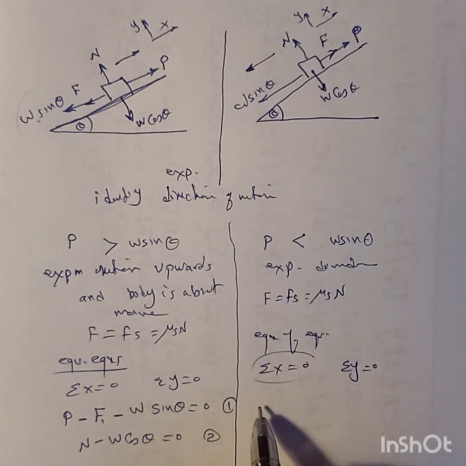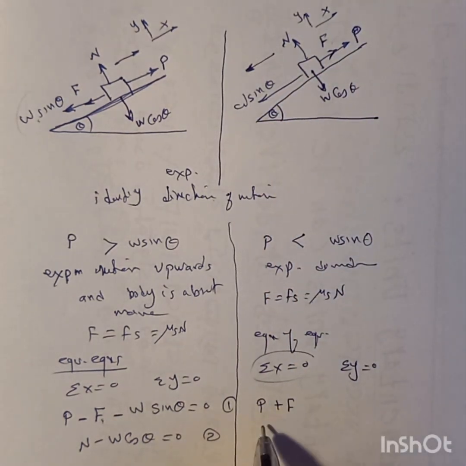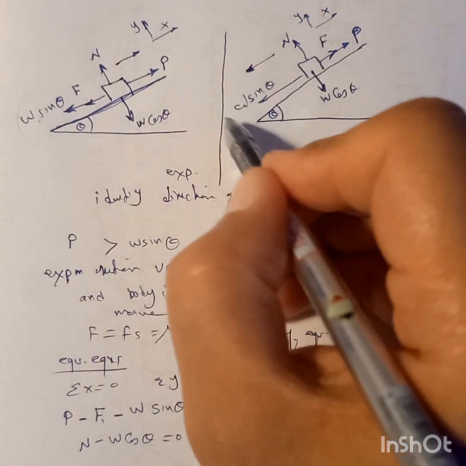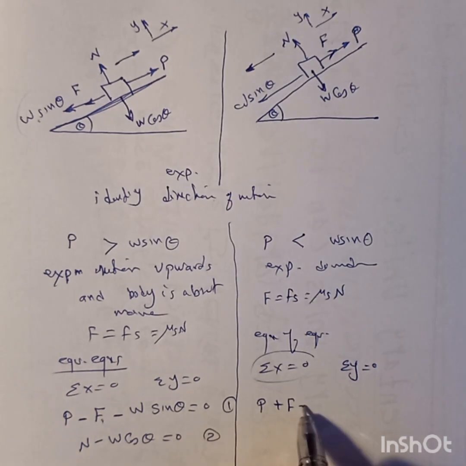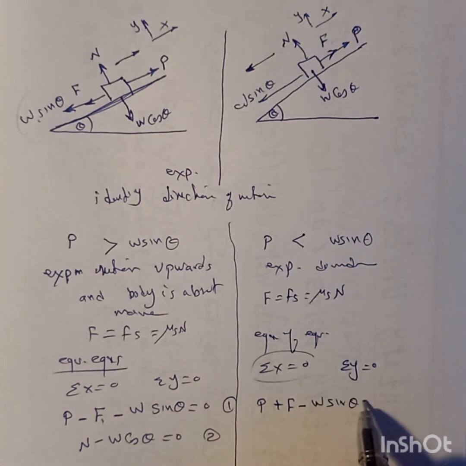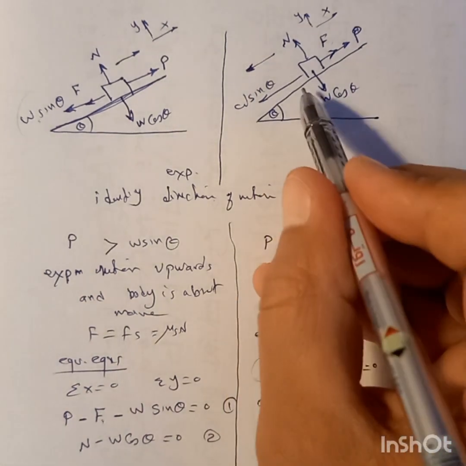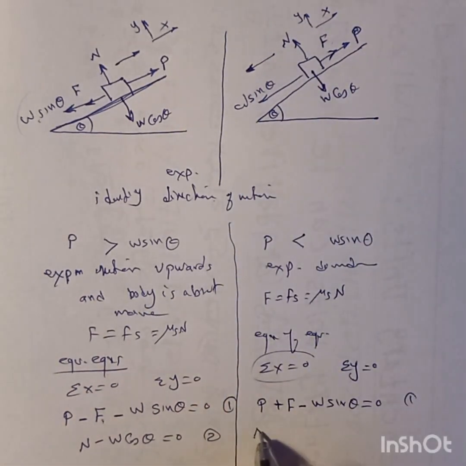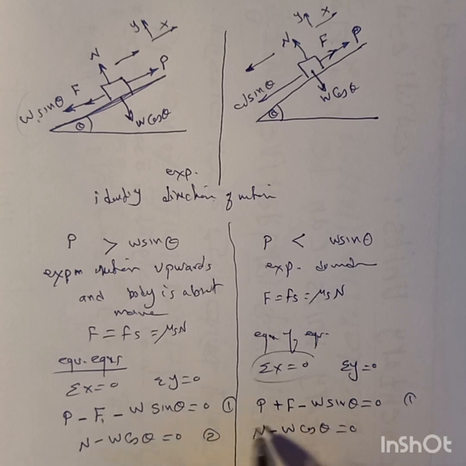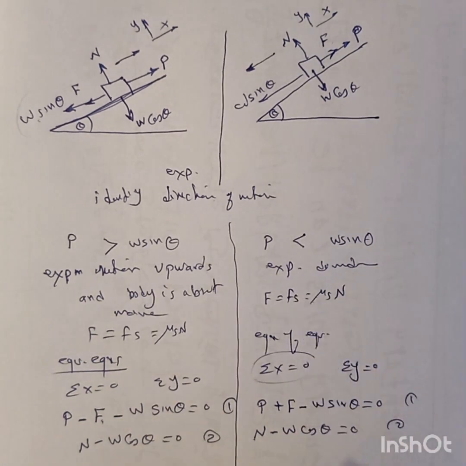We have P plus F minus W sine theta equals 0. This is equation number 1 in this situation. We also have N minus W cosine theta equals 0, as N is in the positive direction of y and W cosine theta in the negative direction of y. This is the second equation in this situation.